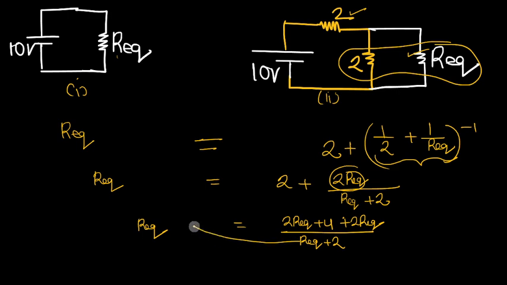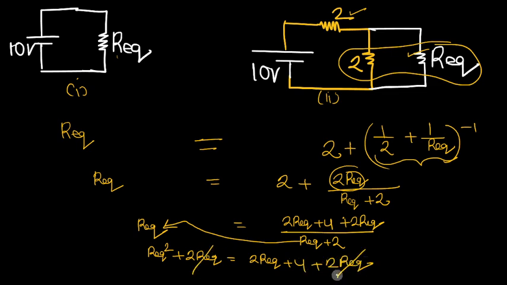Now multiply this thing with this, so I will get R equivalent square plus 2 R equivalent is equal to 2 R equivalent plus 4 plus 2 R equivalent. Now cancel the 2 R equivalent and rewrite this equation. So you will have R equivalent square minus 2 R equivalent minus 4 is equal to 0.